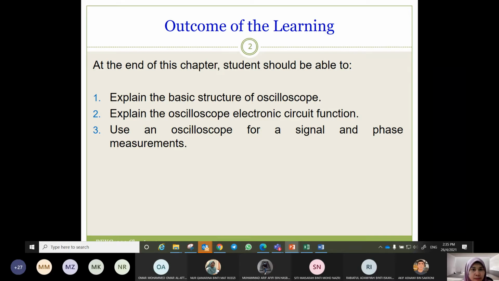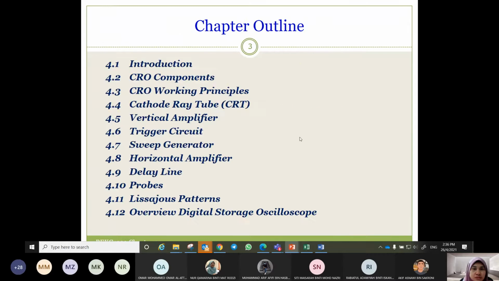Okay, so you will learn about basic structure of oscilloscope, and then we'll explore the function of oscilloscope and use oscilloscope for signal and phase measurement or calculation.